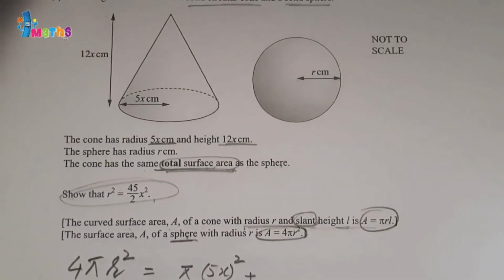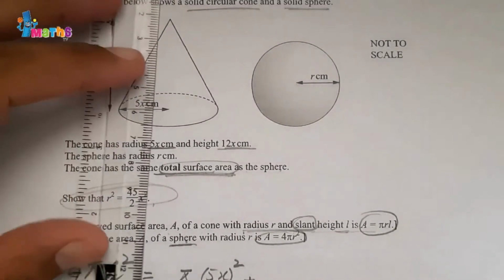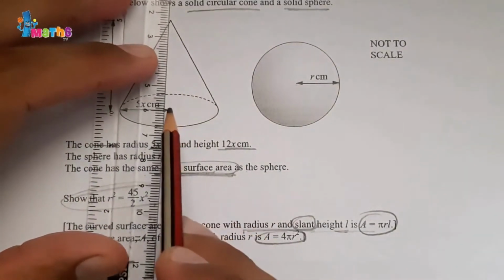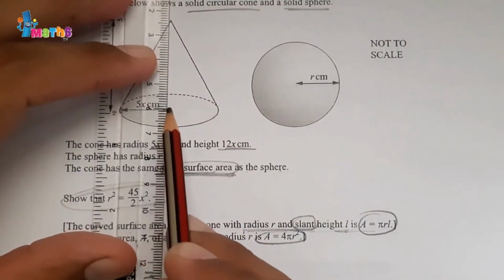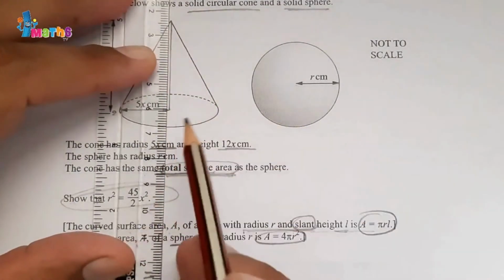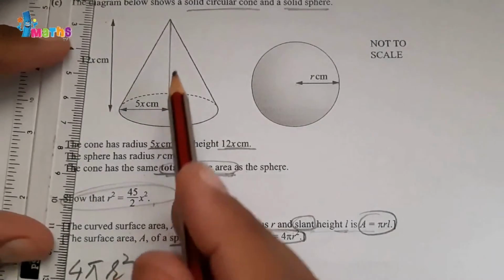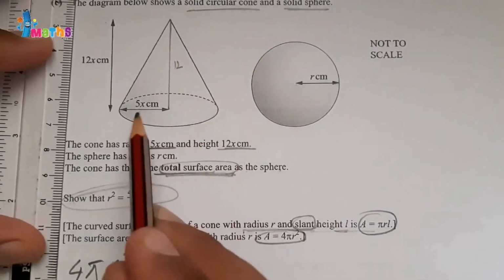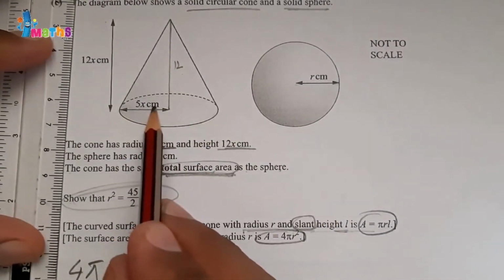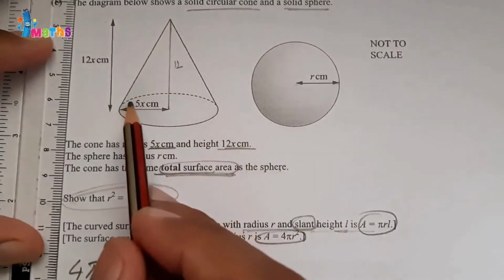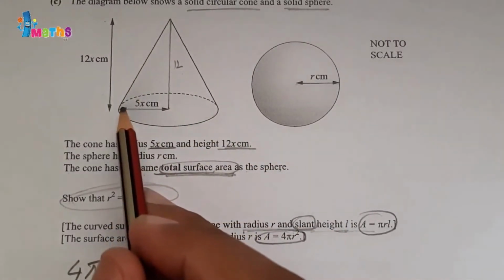If we draw this triangle, this height is 12x and this is 5x, so we have to find this hypotenuse.